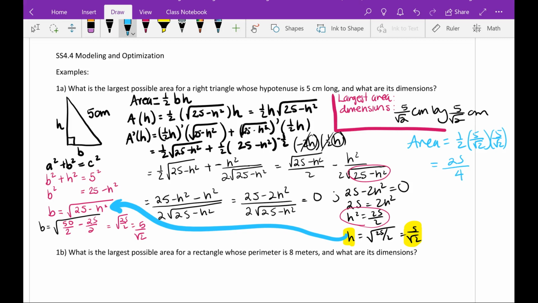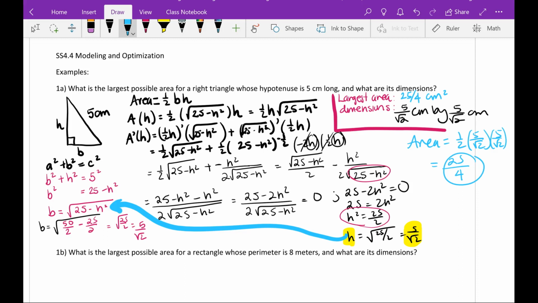Okay, so it's going to be 25 divided by 4, and because it's an area I need square. So those are the answers to my application here. So the largest area is 25 divided by 4 centimeters square, and the dimensions are 5 divided by rad 2 by 5 divided by rad 2 centimeters.